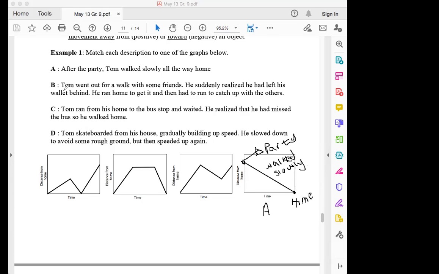Now if we read B, Tom went out for a walk with some friends. He suddenly realized he had left his wallet behind. He ran home to get it, and then he ran to catch up with the others. So this would be home.